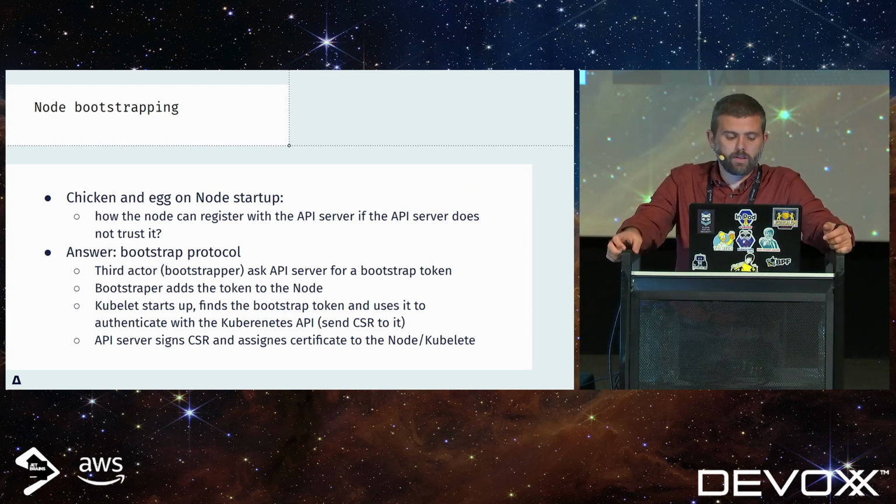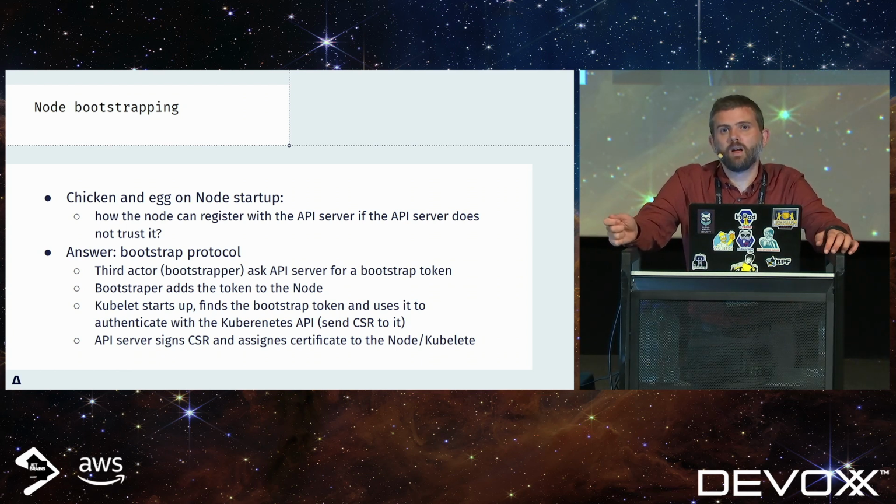So there is what is called the Bootstrap protocol, which is an interesting protocol in the sense that there is a very specific role inside Kubernetes RBAC, called Bootstrappers, which enables you to request a one-time Bootstrap token for a new node and add this token to the kubelet which starts right now. The only thing the kubelet can do with this token is to come to the API server and request a certificate for its private key. That's the only thing it can do, and this is the way they do their first handshake.